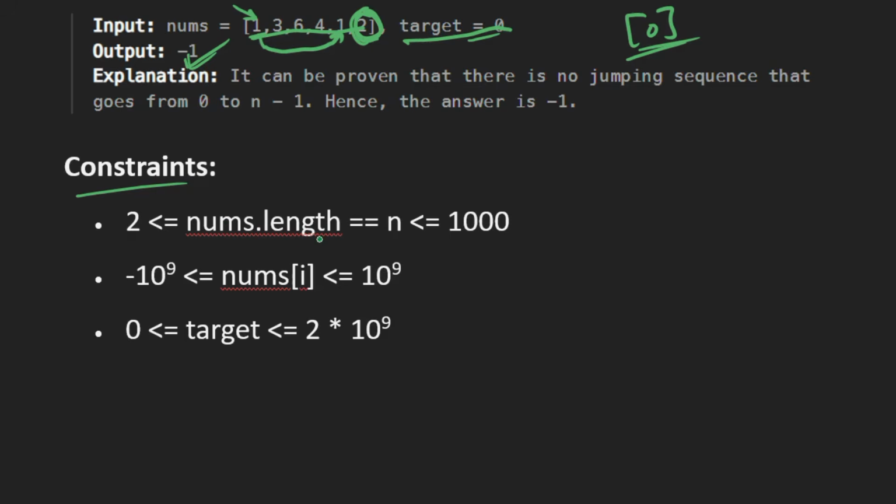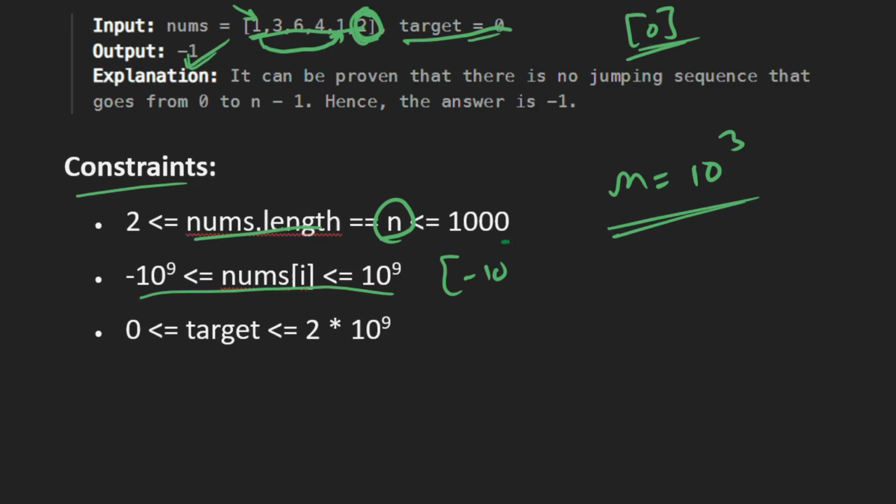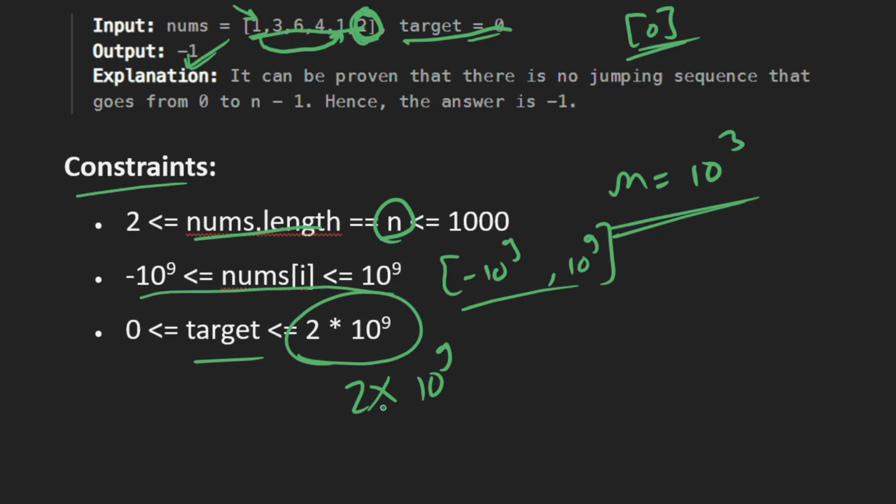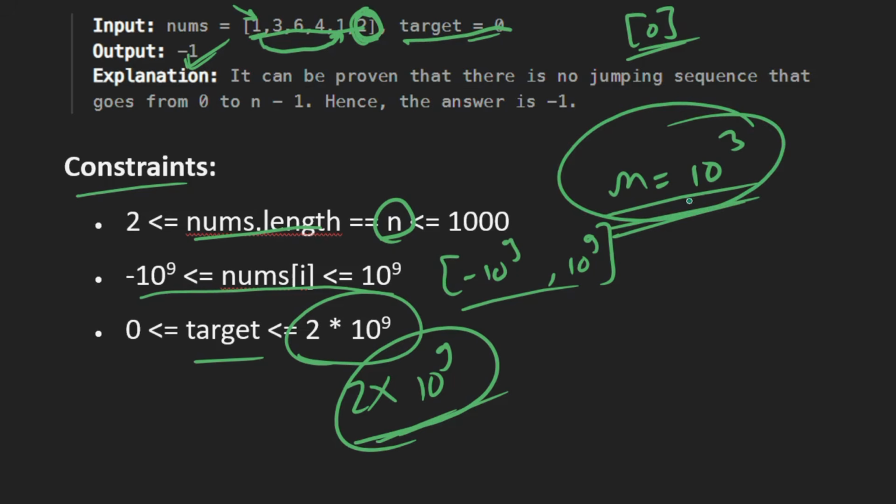So let's move to the constraint part. nums.length, which is n, is up to 10 to the power 3, right? And each element in the nums array can be from minus 10 to the power 9 to 10 to the power 9, right? And our target can be any value up to 2 times 10 to the power 9. So here see, n is 10 to the power 3.